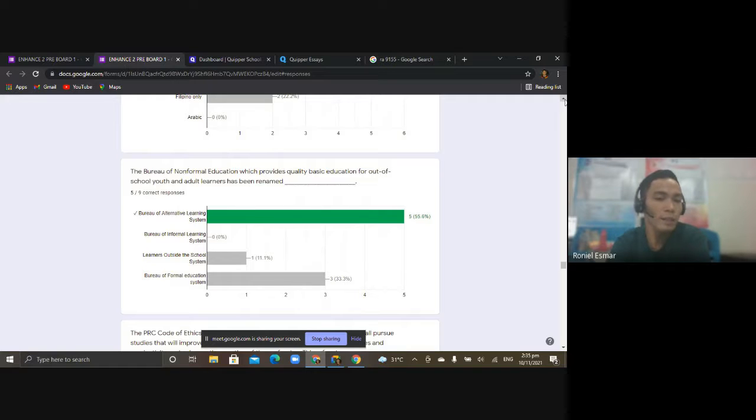Therefore, these are potential students who do not belong to the formal education system, such as adults who want to finish but did not finish elementary or high school.